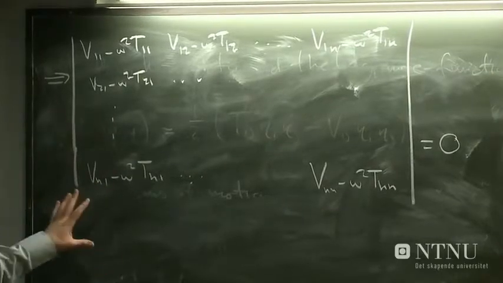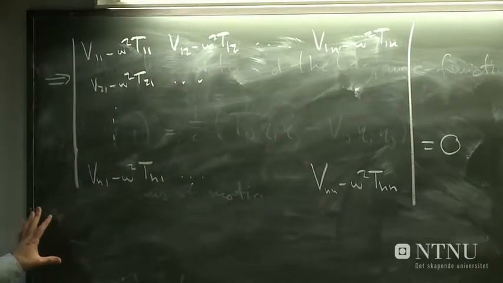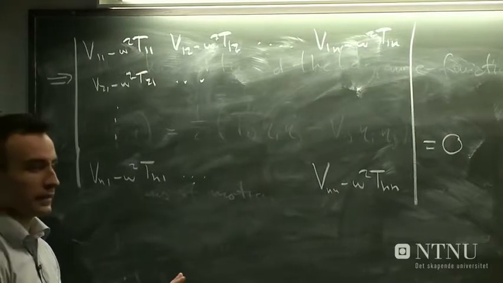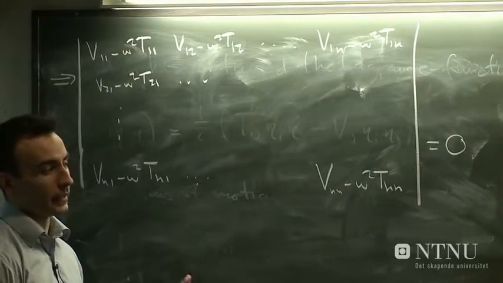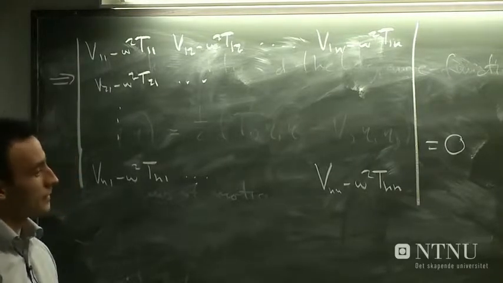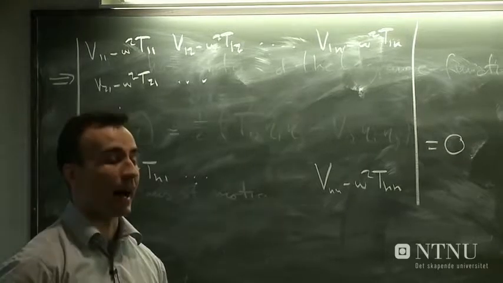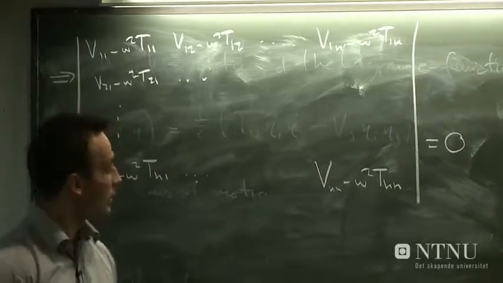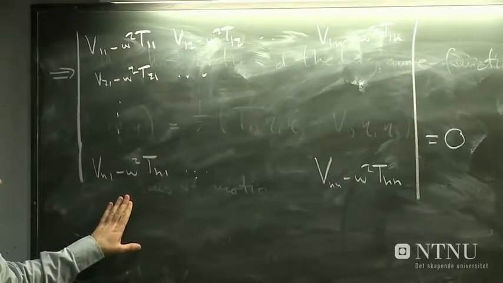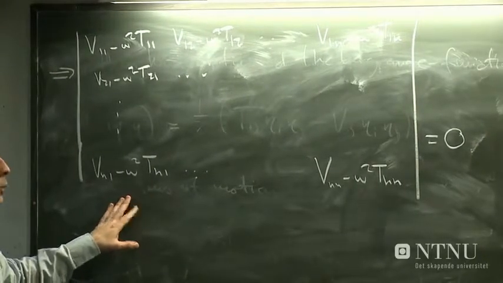The reason I'm writing it in this way is to make you see that this is in fact an nth degree equation for omega. So basically you can think of this as a kind of eigenvalue problem for omega. You get an nth degree polynomial which has to be solved in order to find omega squared.